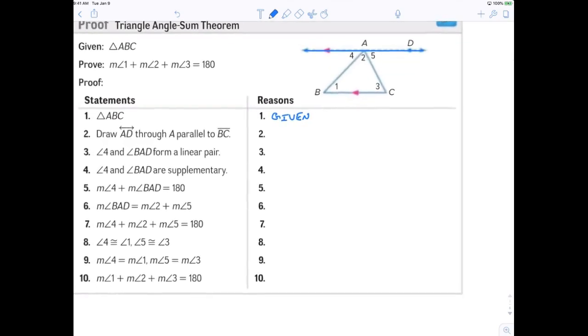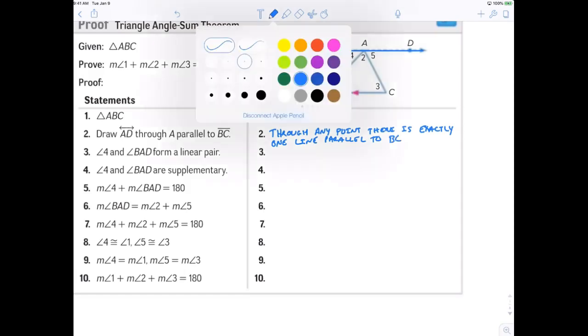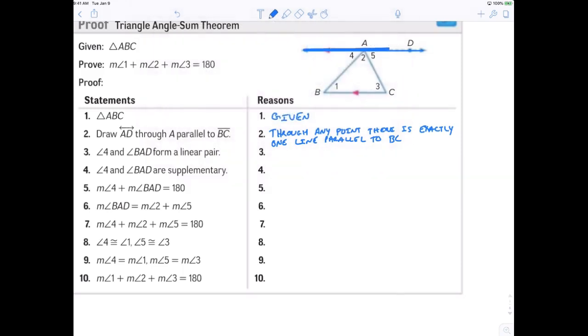I would just write down: through any point there is exactly one line parallel to BC. So what did we do? We drew the parallel line through A that's parallel to BC.